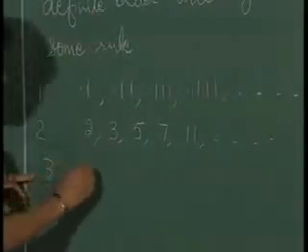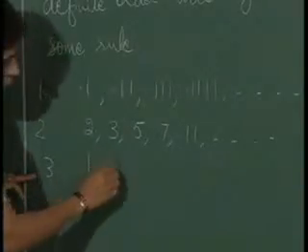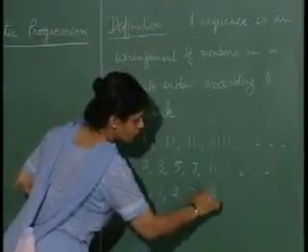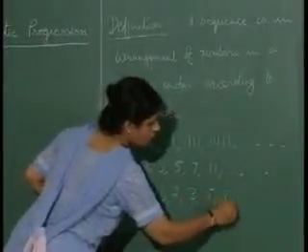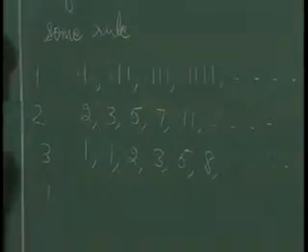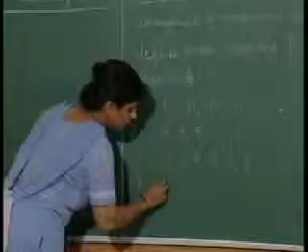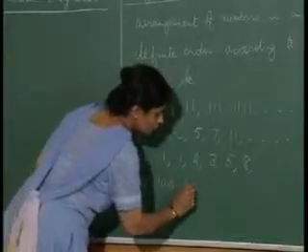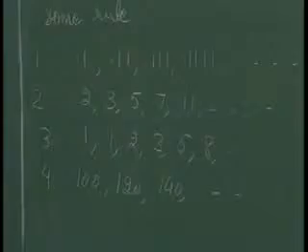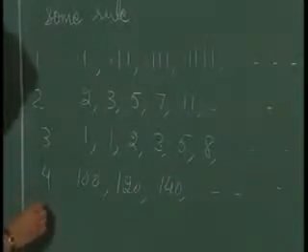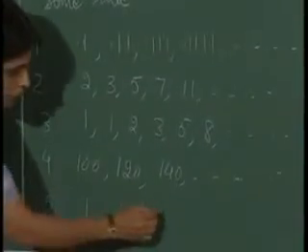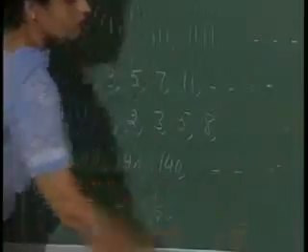We can have another sequence like this: 1, 1, 2, 3, 5, 8, and so on. Yet we can have some sequence like, say, 100, 120, 140, and so on. We may still have another sequence like 1, 1 by 3, 1 by 9, and so on.